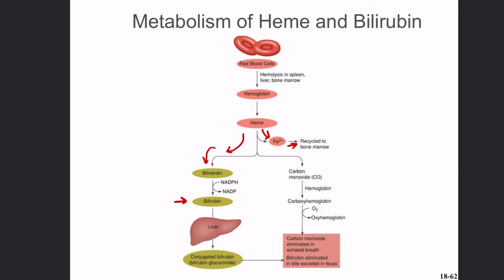This will then produce a conjugated bilirubin from the liver, which is hydrophobic. And so this will piggyback on proteins to move around in the blood.